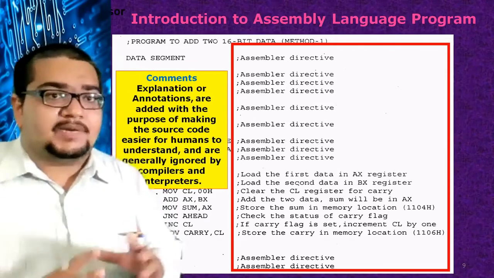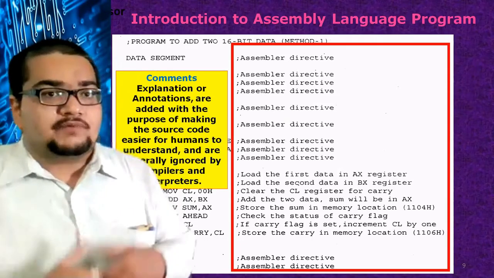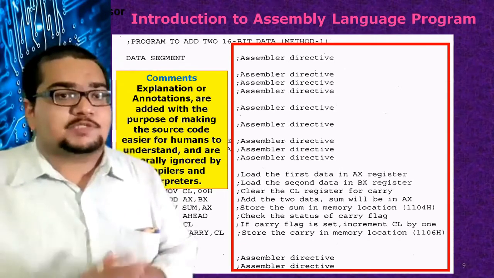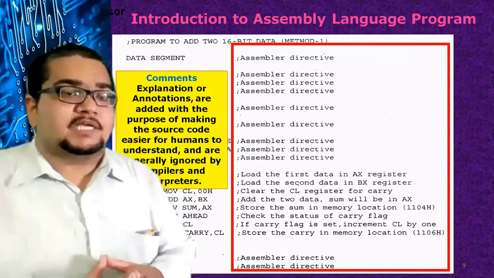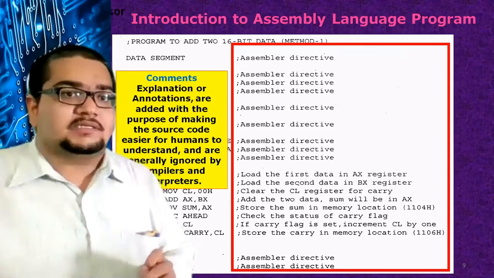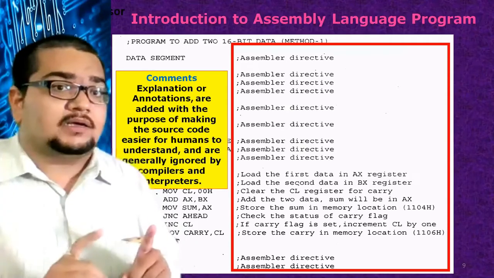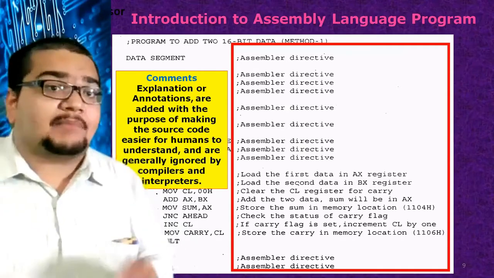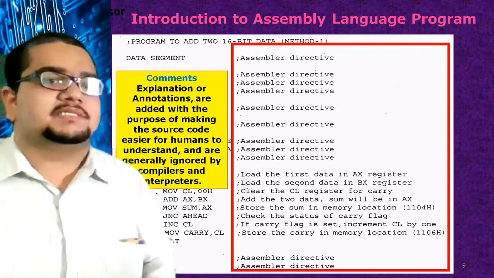These comments are nothing but explanations and annotations given by one programmer, so that when the program is provided to another person for understanding, learning, or experimenting, they can see it and understand the meaning of that particular instruction in the program. Line by line explanation for better human understanding are the comments in the program.